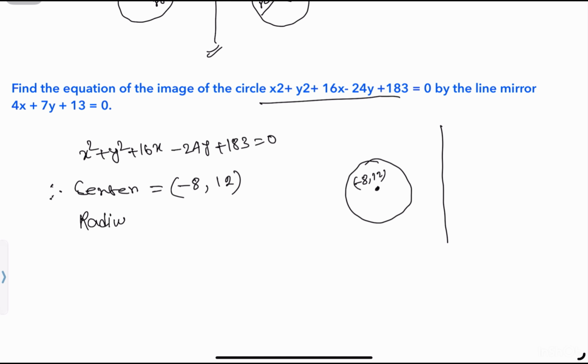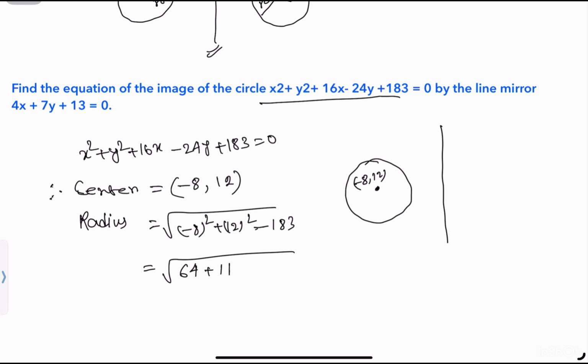The radius is the square root of minus 8 whole square plus 12 square minus 183. This is 64 plus 144 minus 183, which is 25, so the square root is 5. That means the radius is 5.